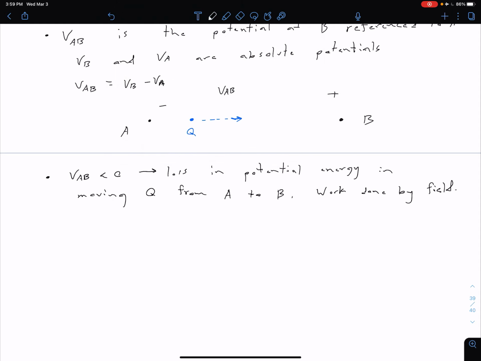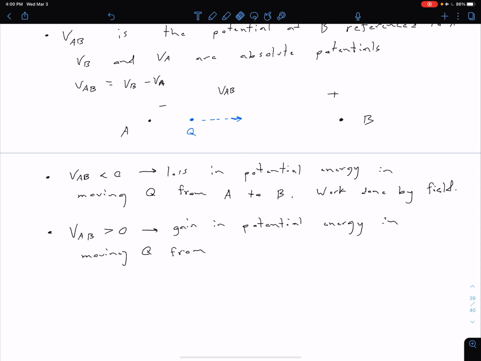The other case, of course, is if we have a positive electric potential. So if our VAB is greater than 0, that is a gain in potential energy as we're moving Q from A to B. Ultimately, that means some external agent is performing work to move that charge.